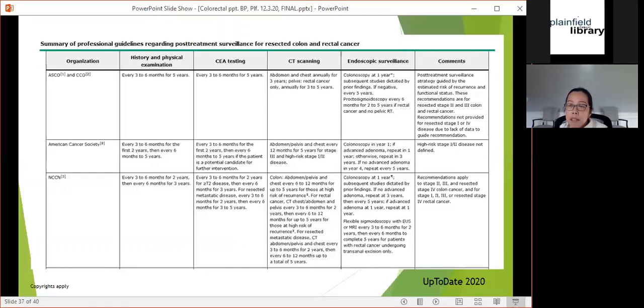Imaging studies, such as CT scan, are also recommended every year for up to 5 years. Surveillance colonoscopy is also recommended. Therefore, colon cancer survivors are usually followed by a primary care physician, surgeon, medical oncologist, and gastroenterologist.